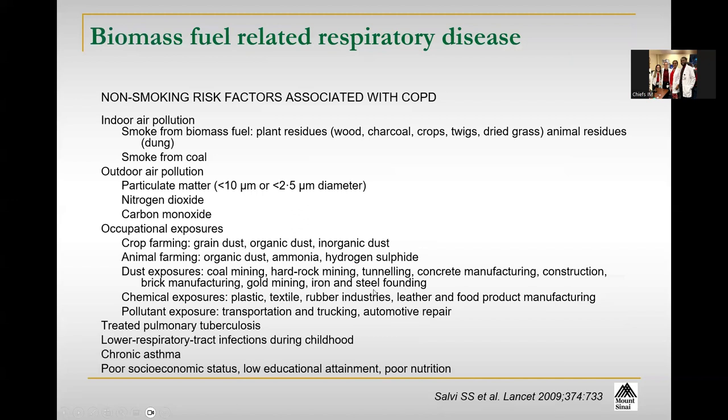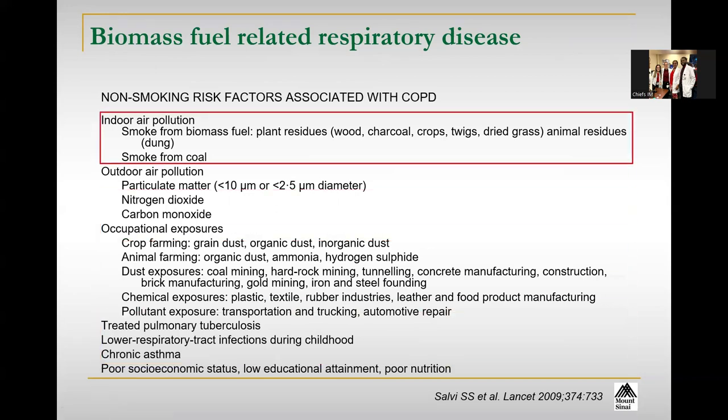You see all of these. Iron and steel, chemical exposures like in plastic, textile, rubber industries, leather and food product manufacturing, and in occupational environments where there is pollutant exposure, like in transportation and trucking, automotive repair. And so those are amongst the non-smoking risk factors associated with COPD.